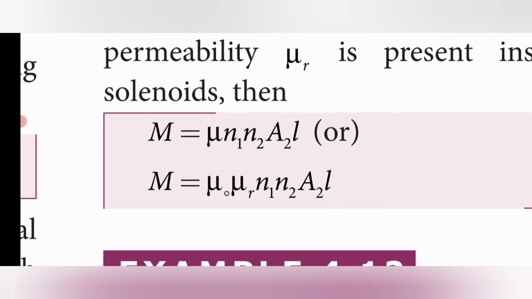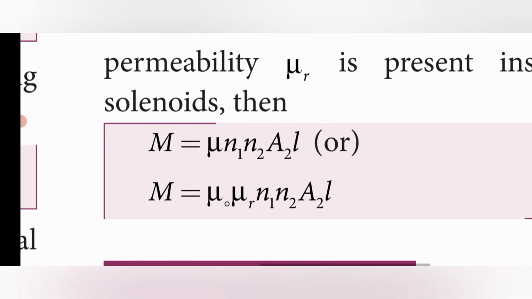Mu r means relative permeability, which is the permeability in a medium. So the medium value can be substituted and you will get M is equal to mu naught mu r N1 N2 A2 into L. That is for when the medium present inside the solenoid is a dielectric medium. So this is the final equation here.